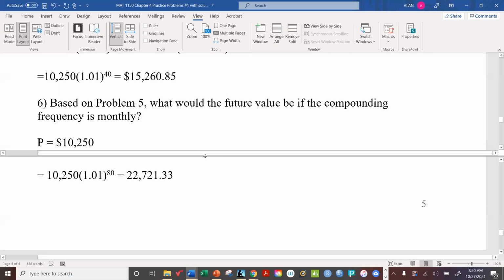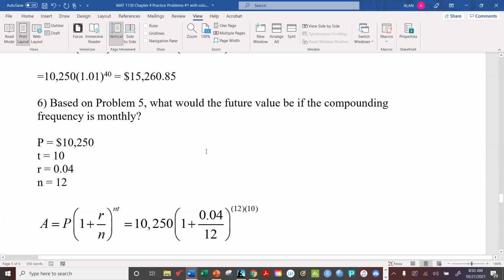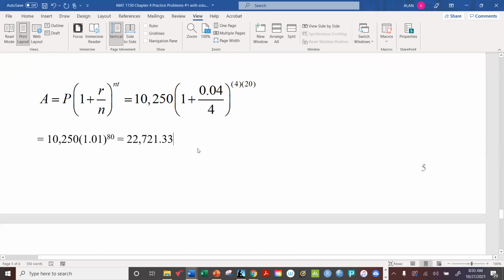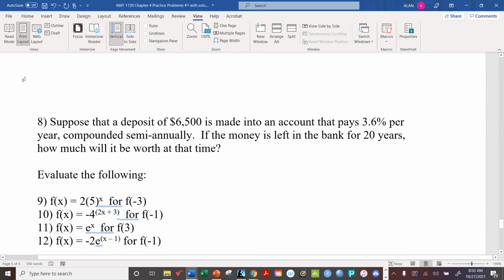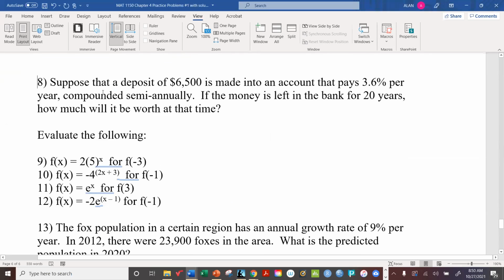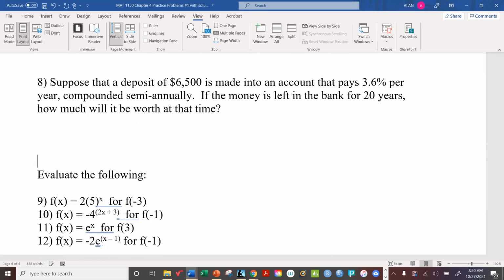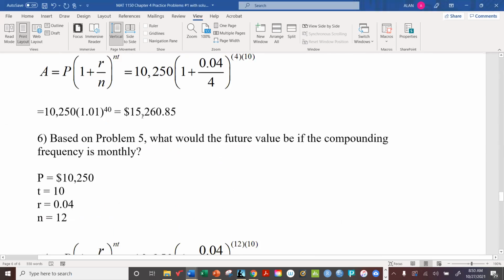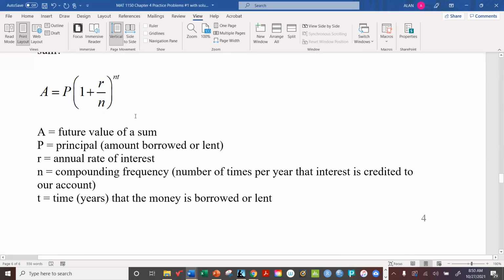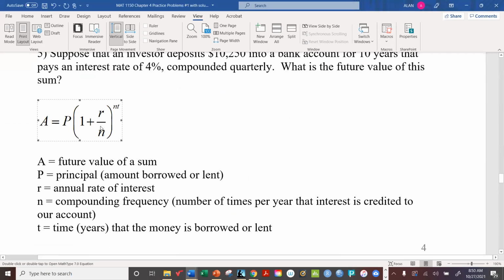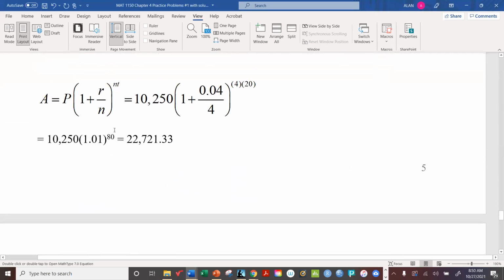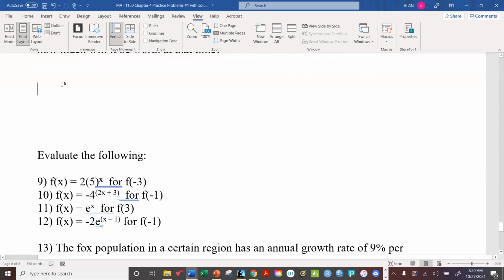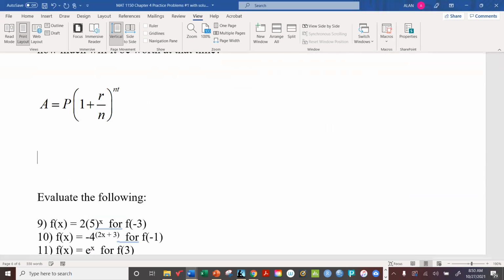All right, let's go on to the next one. Now here, oh, all right, well, this is very similar to the other two, except the compounding frequency. Let's try this one. Let me copy this formula and fill in the numbers.